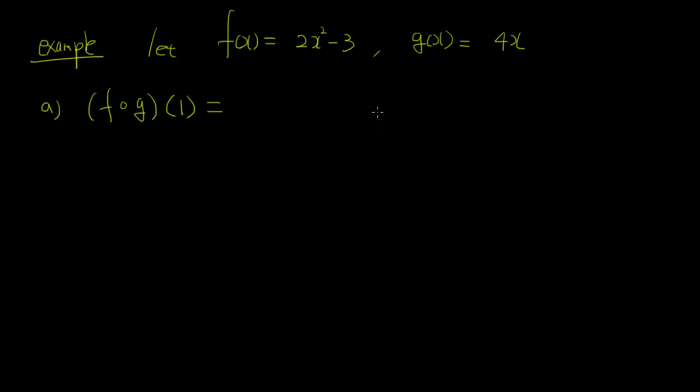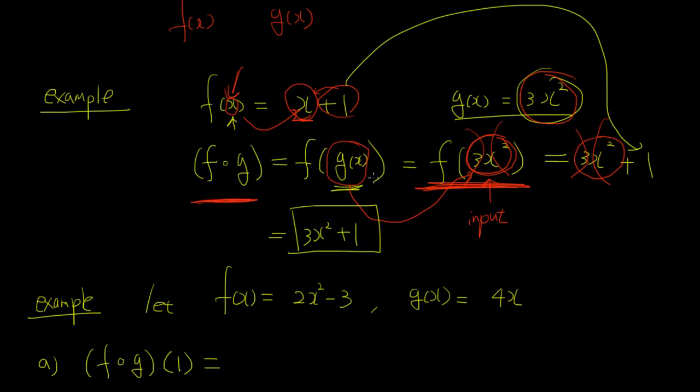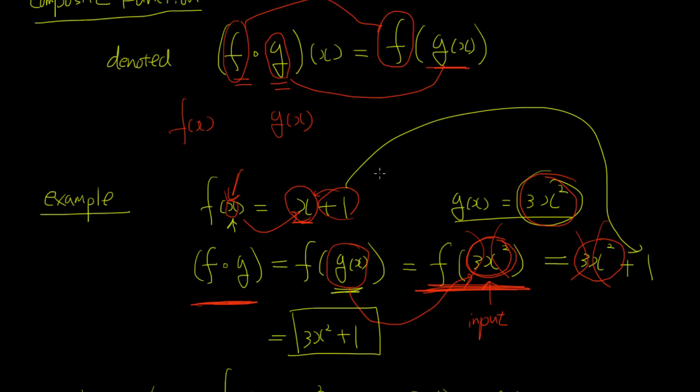Let's go back to this. So this is what we usually have. Instead of x, now we have 1. So what are we supposed to do? Well, no big deal. We just need to replace this g of x by g of 1. That's really what it is.